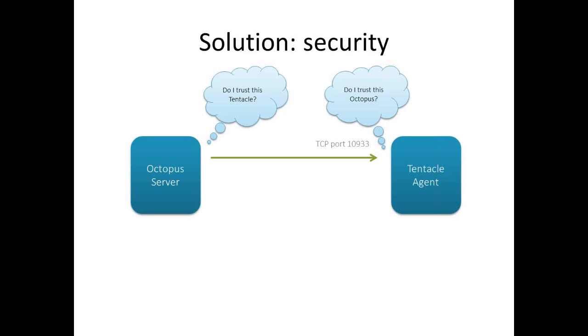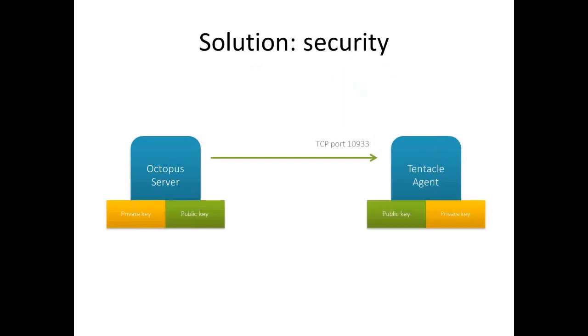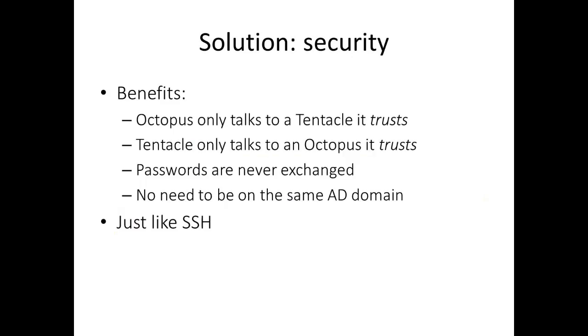So the way we approach it in Octopus is using public key cryptography. When you install your Octopus server, we generate an X509 certificate with a private key and a public key, and we do the same when you install the agent service. As an administrator, when you set these up, you exchange the public keys to set up a two-way trust relationship. The idea is that the tentacle will only accept commands from an Octopus that it trusts.